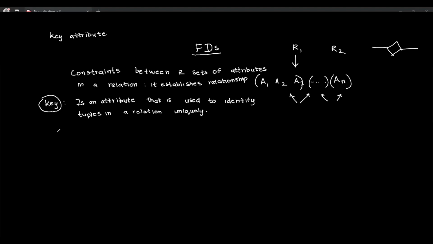And FD actually generalizes the idea or concept of key. You can pick a primary key by using your logic. Your common sense is enough to choose the primary key. But now, by using FDs, we are generalizing it. Step by step, we are going to learn how to choose the primary key of a relation.